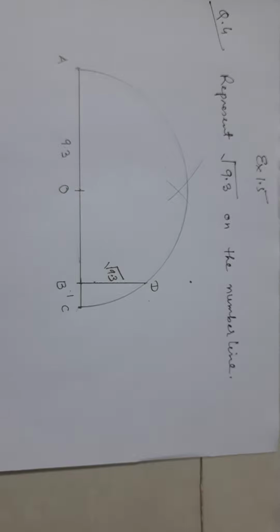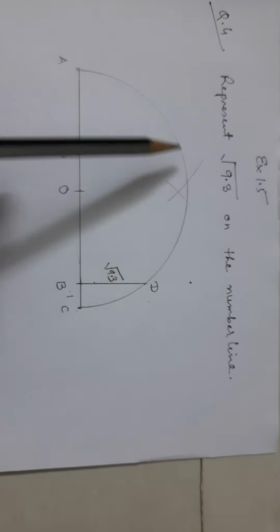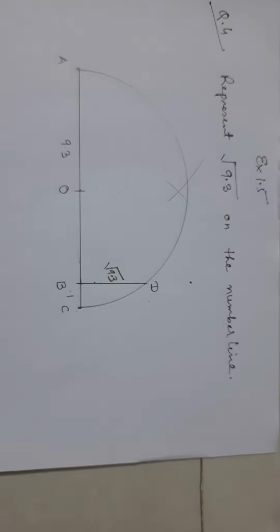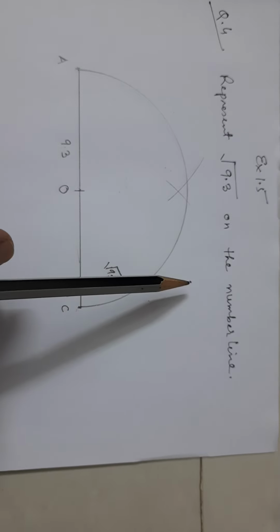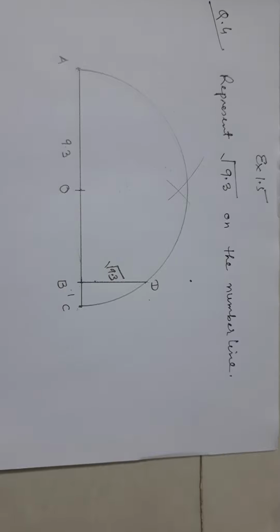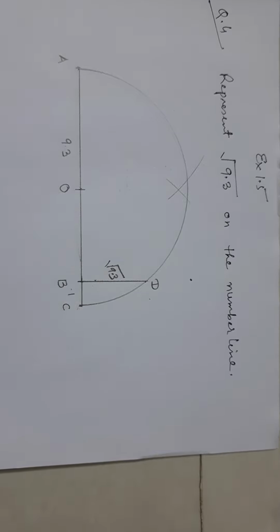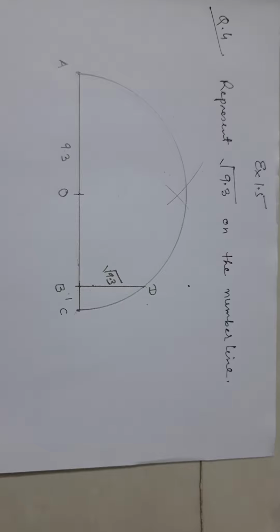And with O as the center, we are drawing a semicircle. From B at right angle, we are drawing one line segment BD which touches the circle. So this BD is root 9.3.